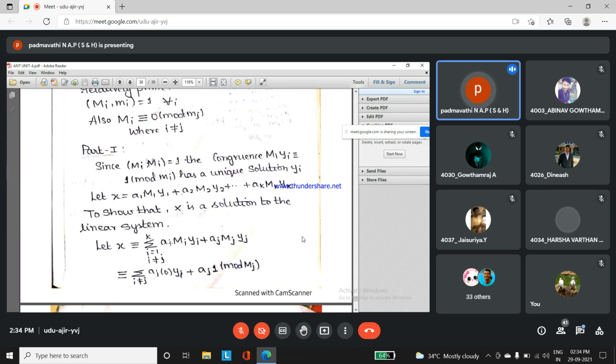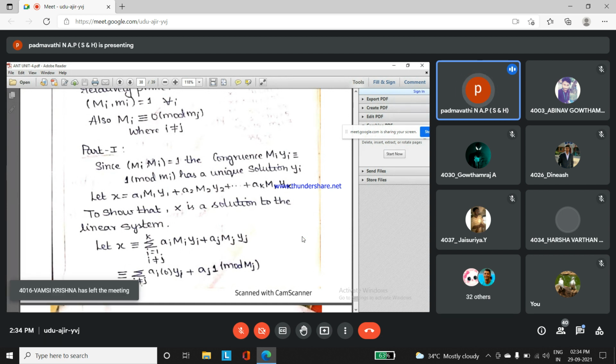Then ai into Mi value வேணுமா? i is not equal to j வா இருந்தா Mi ஓட வேல்யூ என்ன? 0. Okay, then see also Mi is congruent to 0 mod mj where i is not equal to j, that is the congruence value Mi equal to 0.